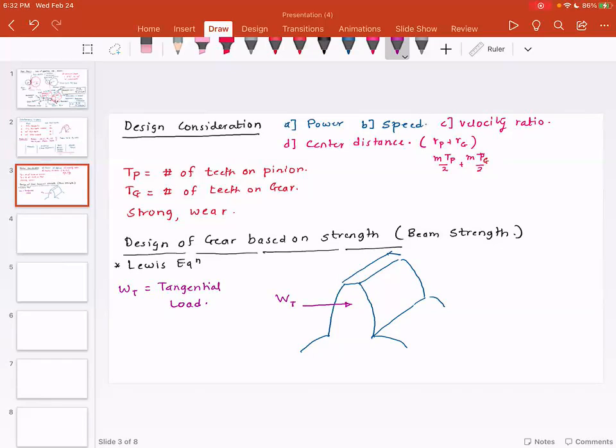Then you have something called the normal load. So WN, which is the normal load. And you have something called the radial load.